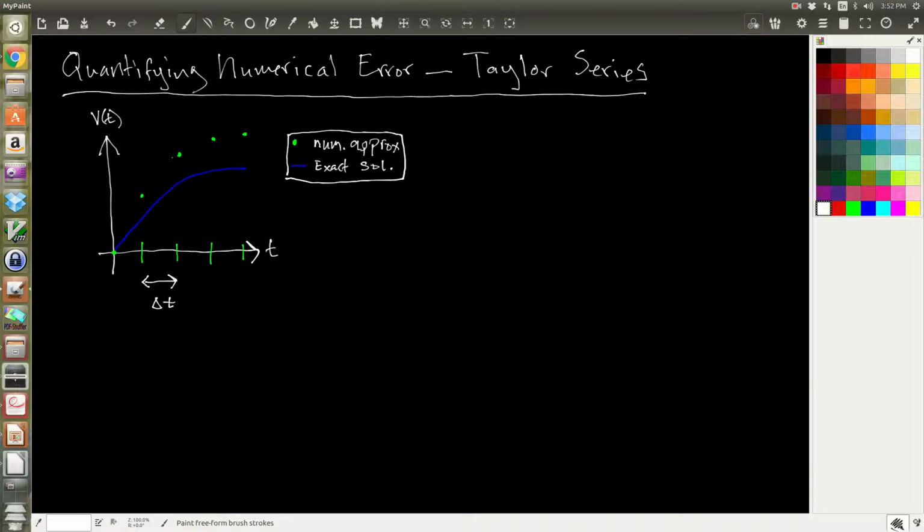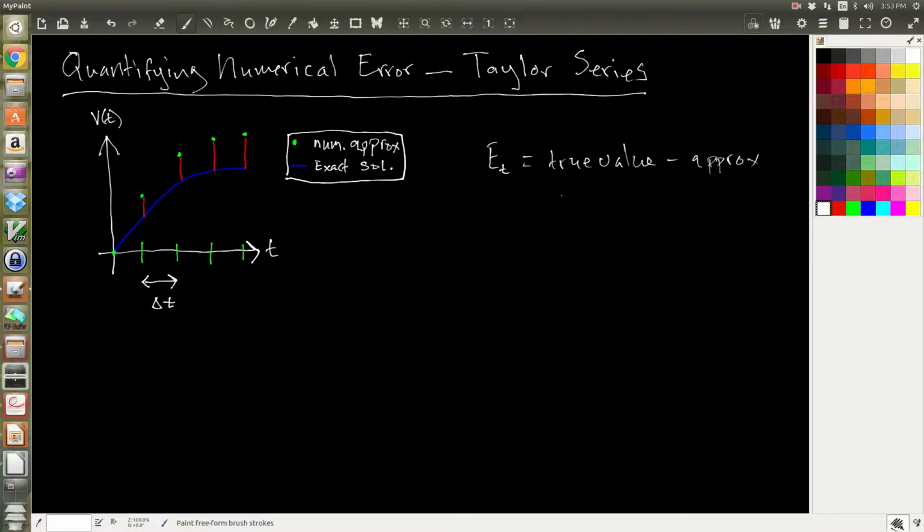And then in the next lecture we talked about the error, that there's actually error in between this approximation and the exact solution, and that error we denoted as the true error. That was equal to the true value minus our approximation.